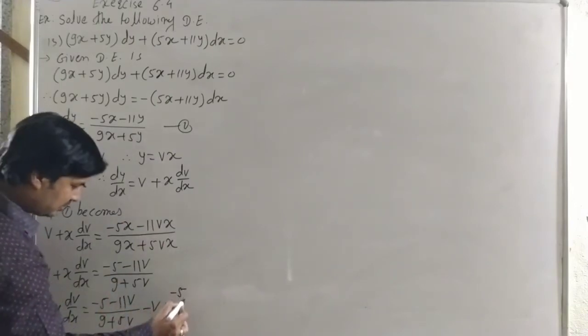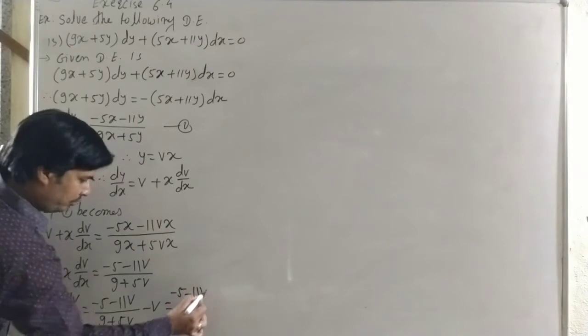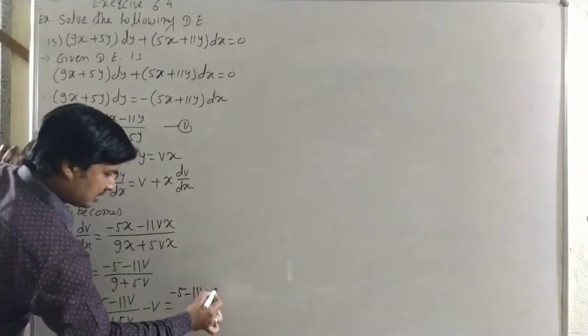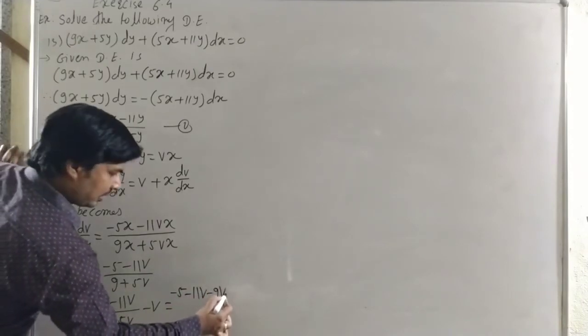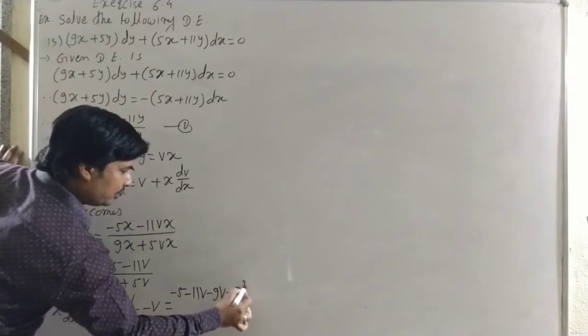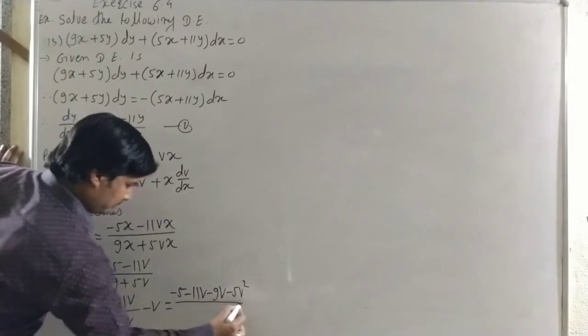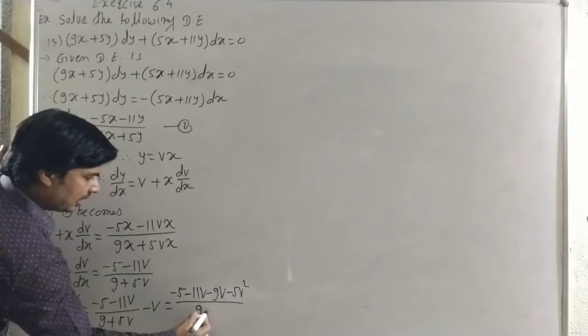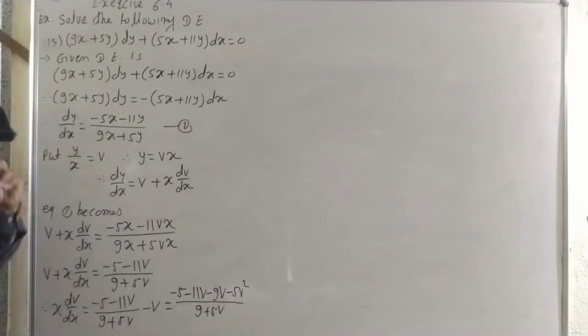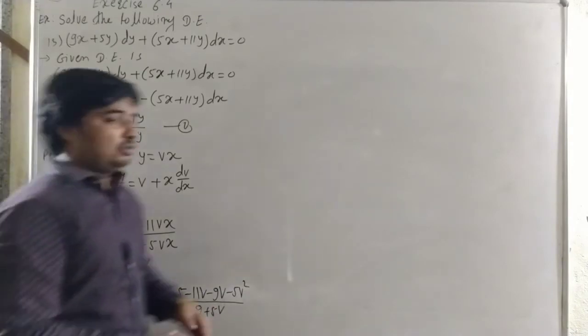It is minus 5 minus 11v minus 9v minus 5v square, upon 9 plus 5v. Carefully, now it is only the calculation.